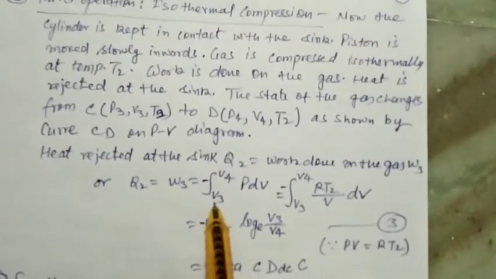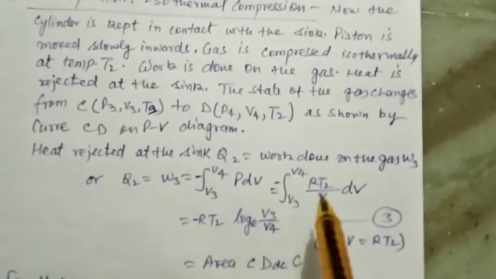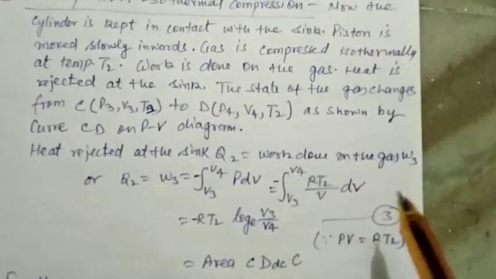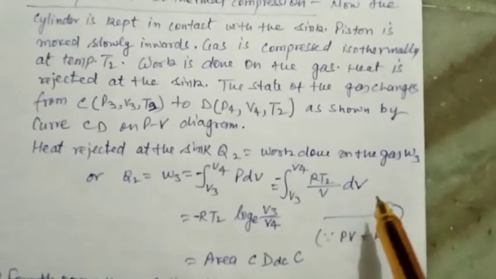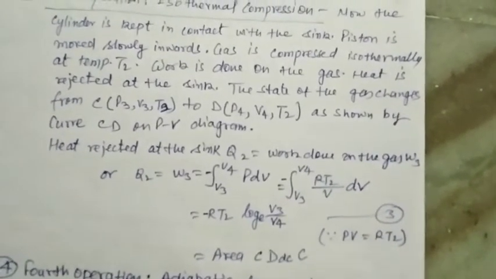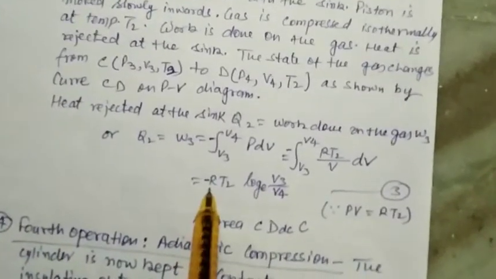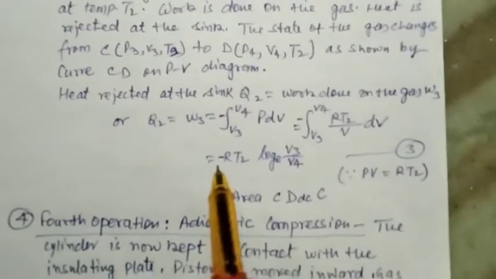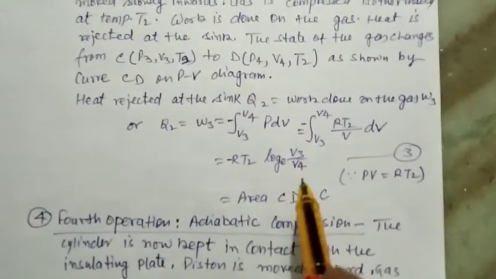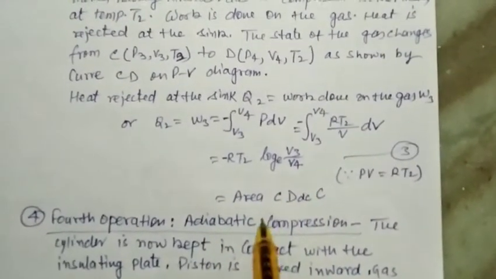Integration V3 to V4 PdV is equal to minus integration V3 to V4 RT2 upon V dV, since PV is equal to RT2. Therefore W3 is equal to RT2 log to the base e V3 upon V4, that is area CDD'C'.